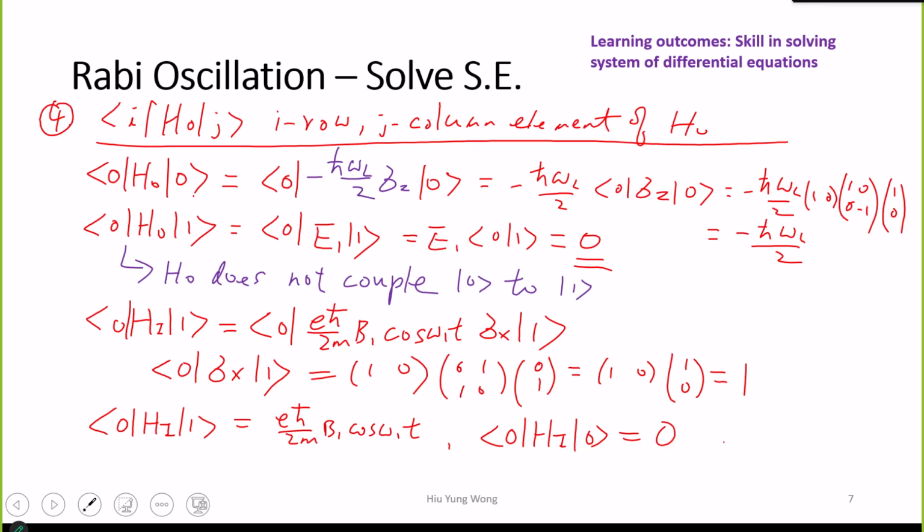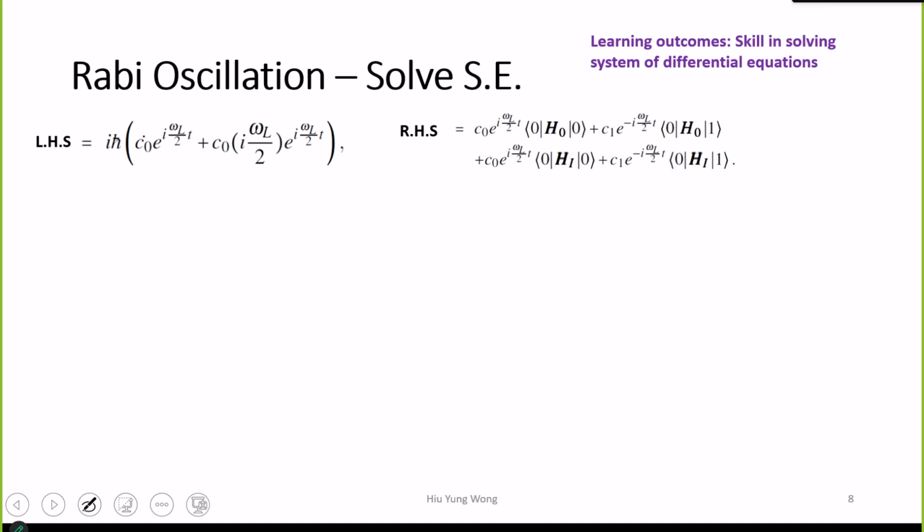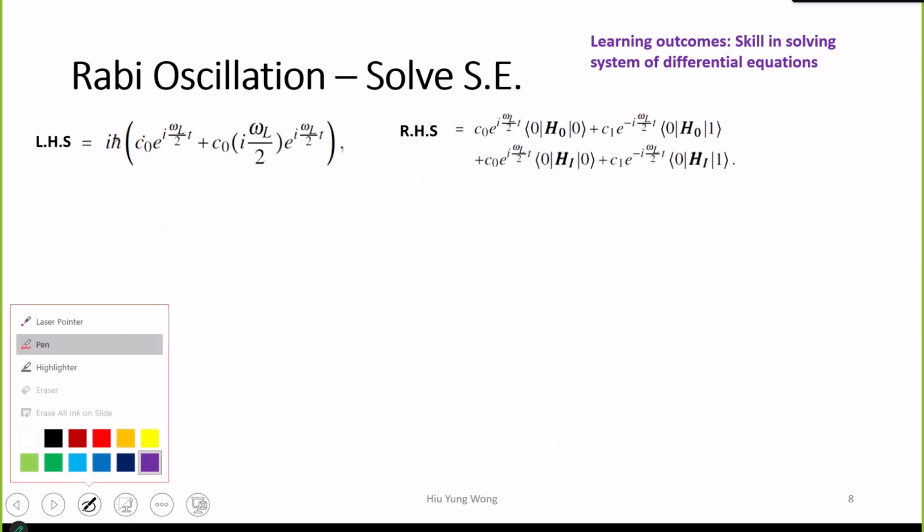Is that okay? This one, please go through the math and trust me, right? So coupling. So here we say coupling. Okay, good. Now this is page 8. Okay, so then let's continue.